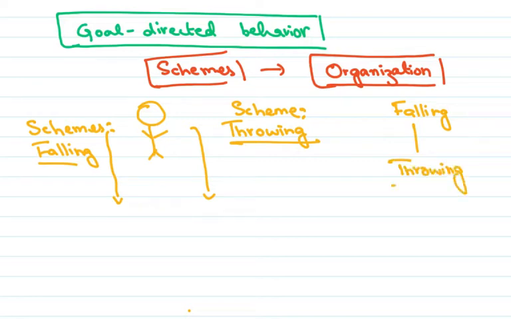This is something involved in the process of organization of schemes. As you build these different schemes, you also mentally organize them, and as you organize them, you develop a complex mental world.